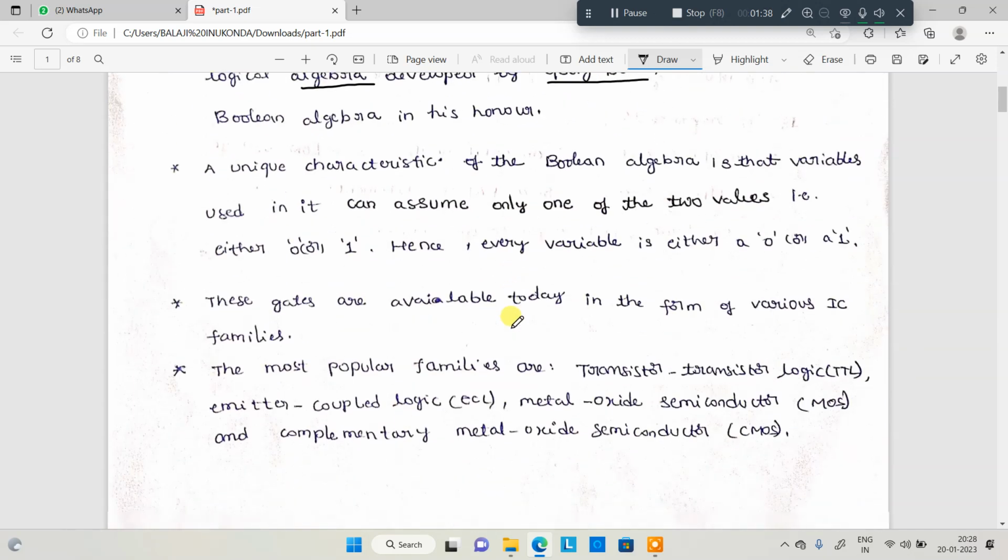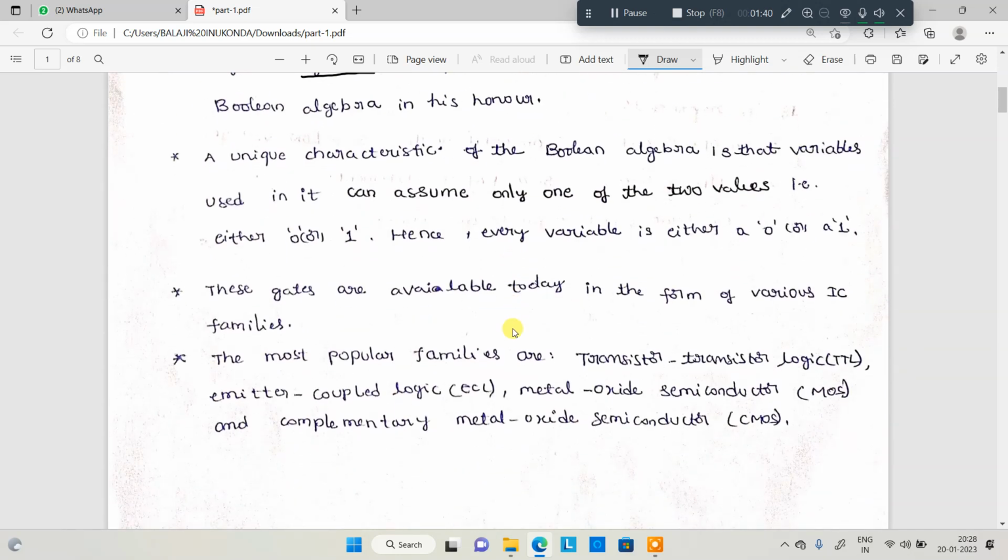The unique characteristic of Boolean algebra is that only two values are present. The first one is 0, the second one is 1. Only two values are present. That is the unique feature of Boolean algebra, either 0 or 1.